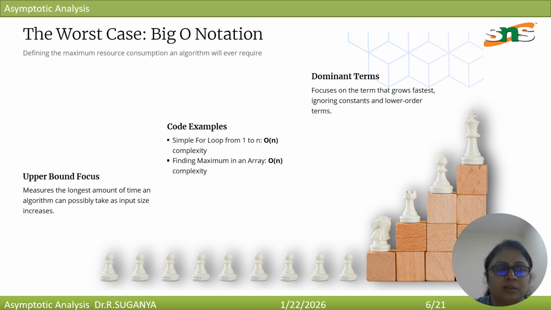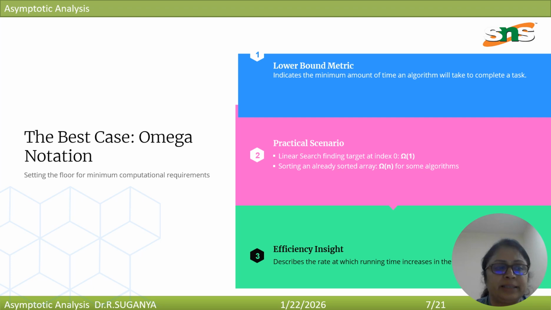The code examples are a simple for loop from 1 to n and finding the maximum in an array. The dominant term section discusses identifying the most significant terms in an algorithm's complexity, ignoring the lower-order terms.